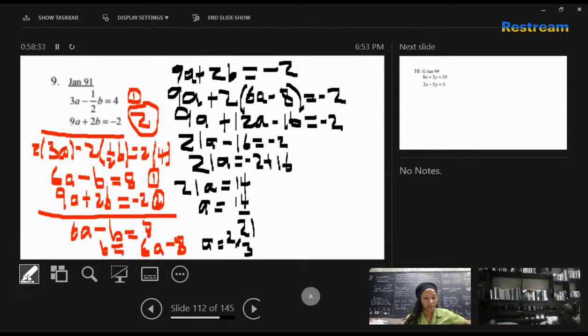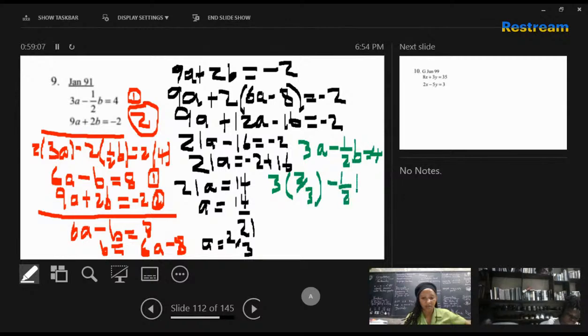Okay, so we're going to plug that in the first original equation. So 3a minus 1 over 2 b equals 4. So 3 times 2 over 3 minus half b, and these threes cancel, right?